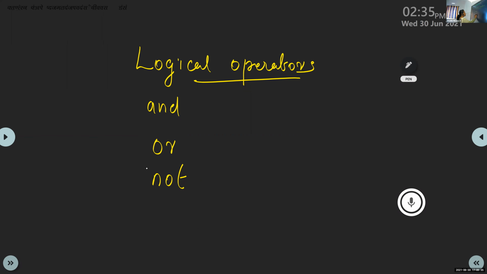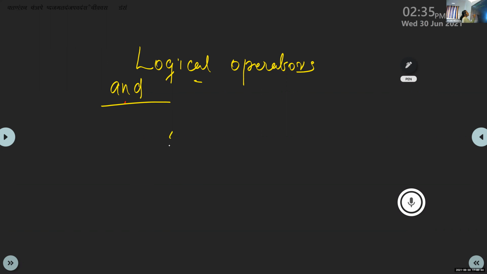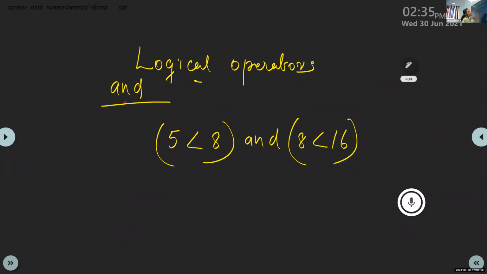Okay, I'll explain with one example. 5 less than 8 and 8 less than 16. This is the statement. Here I am using AND, which is a binary operator. What is a binary operator, Sahan?